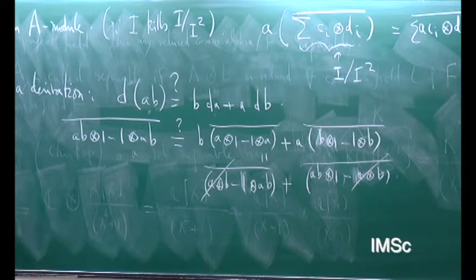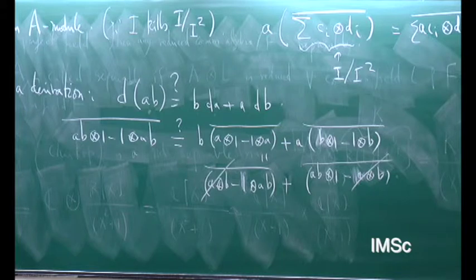So how do I define D tilde? I have to define D tilde on I, right? How are we going to do that? It's problematic, right? You can't just define, see, it's a submodule.